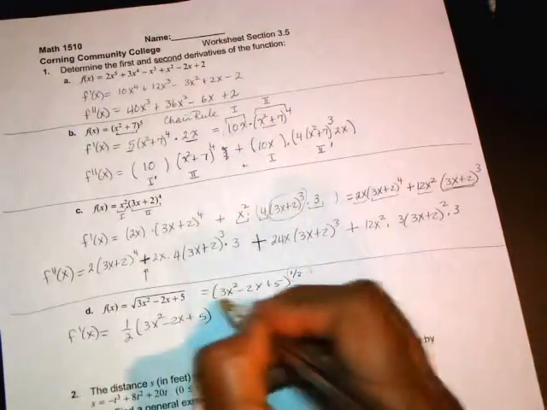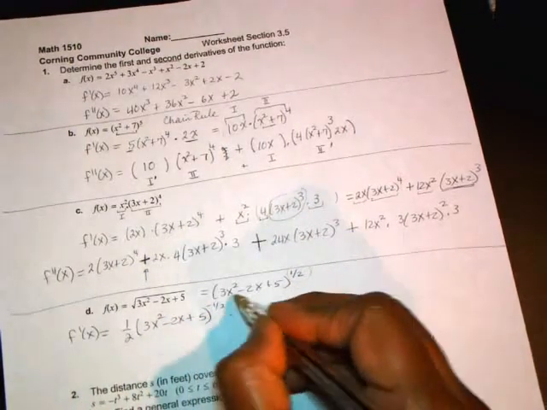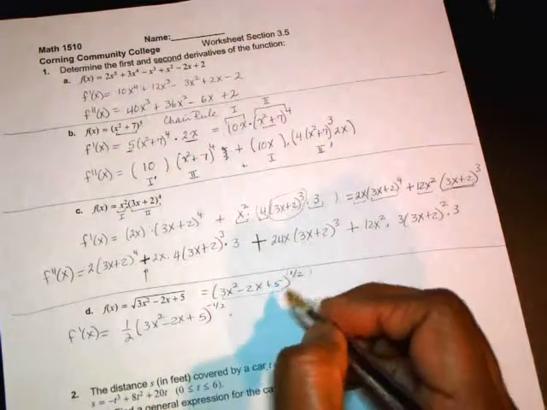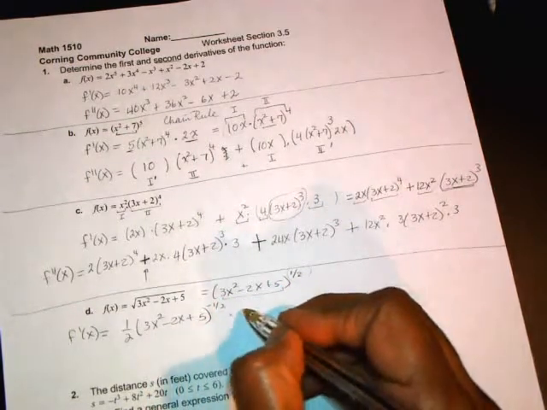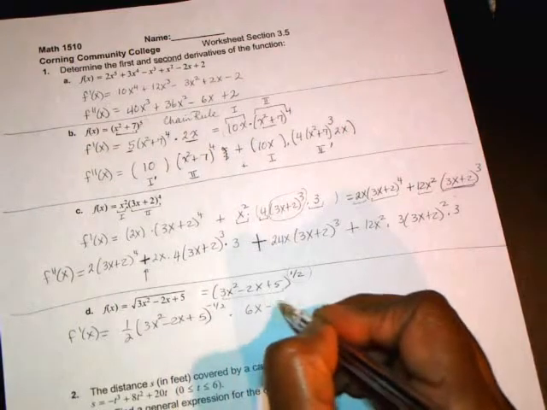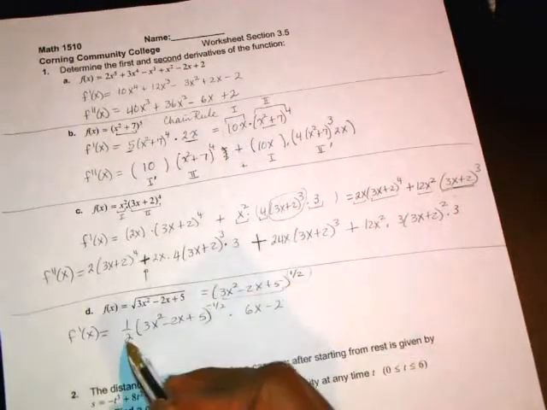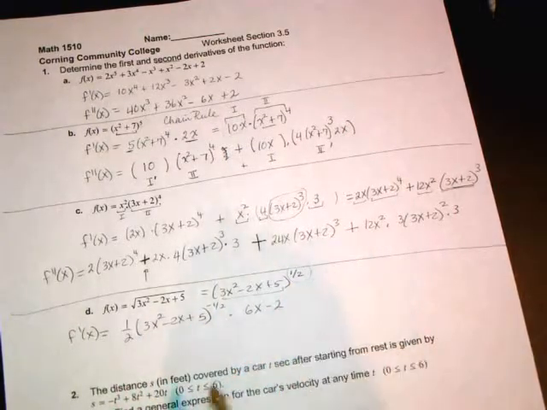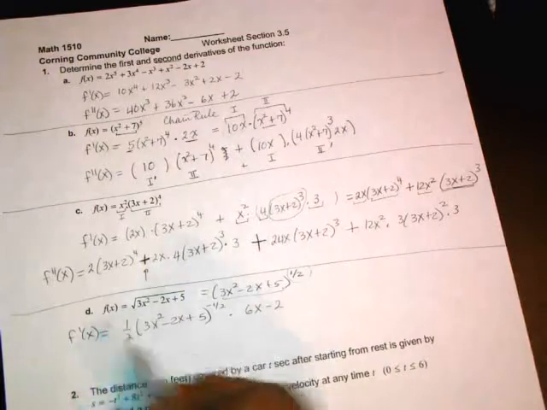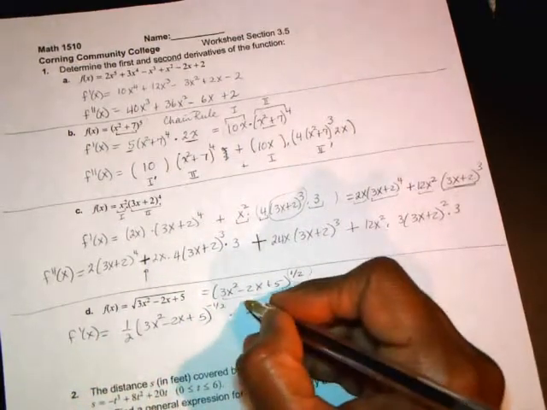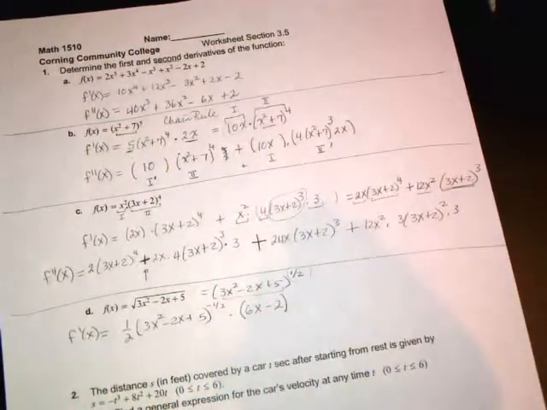Raise it to half minus 1, times, you go inside and need to take the derivative. I'm going to have a typo right here. So let's see if we can think about what is wrong with what I have written. It's the half comes down, this thing raised to negative half, and this has to be multiplied with all of this, and this is the mistake. We need parentheses right there.